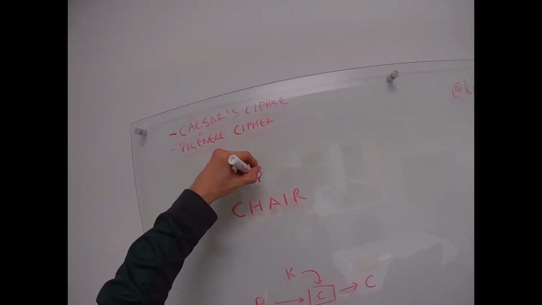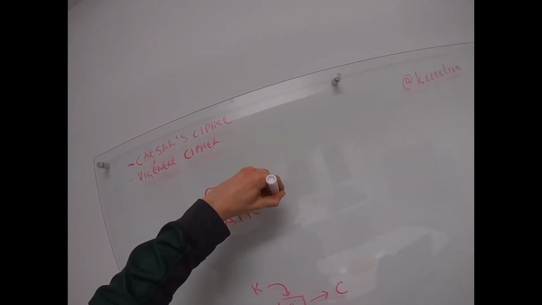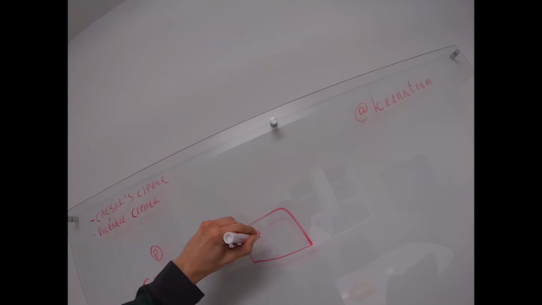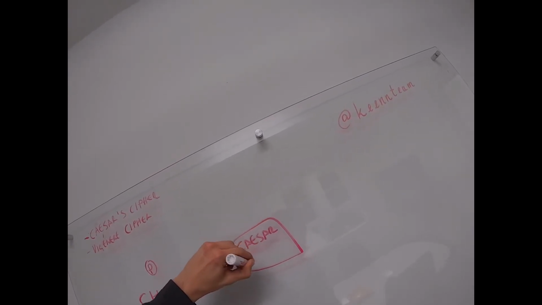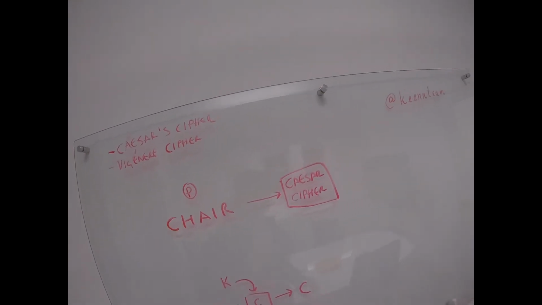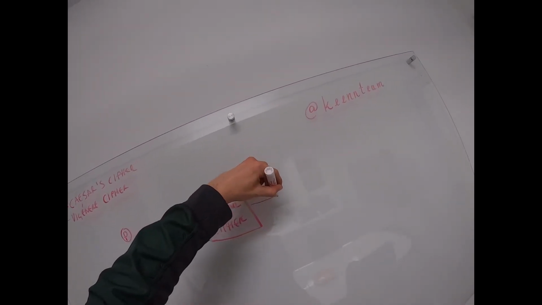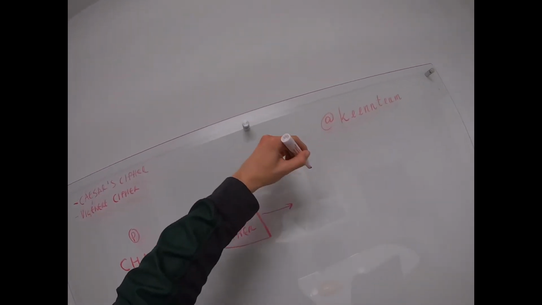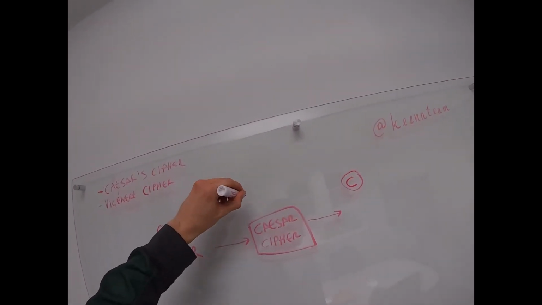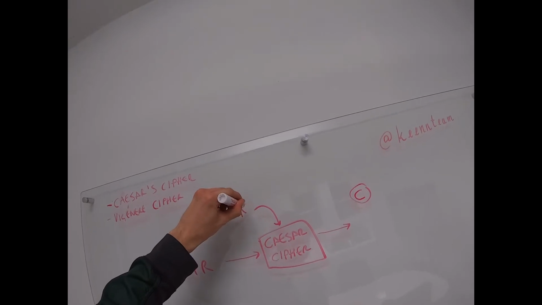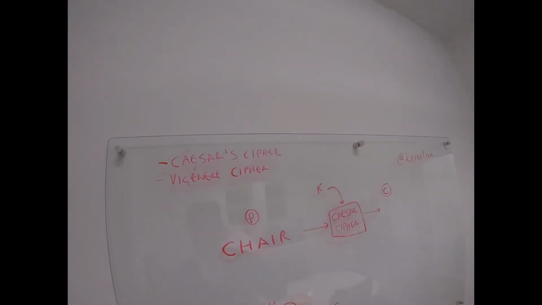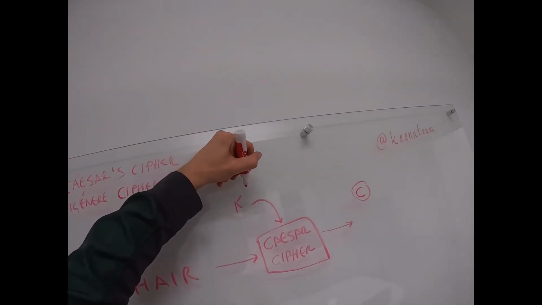This is going to be the plaintext. We're going to feed it into Caesar cipher, we're going to get a ciphertext, and we're going to have a key. Now, one particular thing about the Caesar cipher is that the key is always 3.